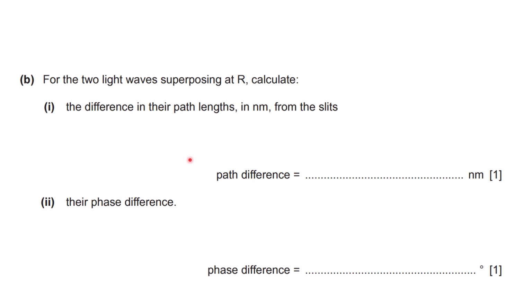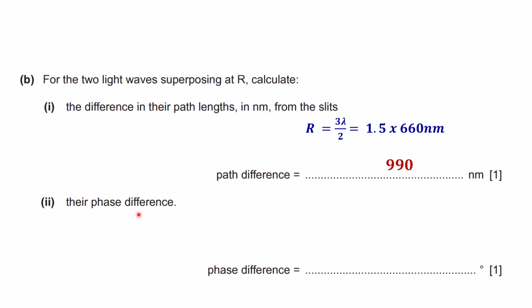So to calculate the path difference, all that we need to do here is the fringe R corresponds to 3.5 wavelengths, which is 3 divided by 2, is 1.5. The wavelength is 660 nanometers, and the result is 990 nanometers.